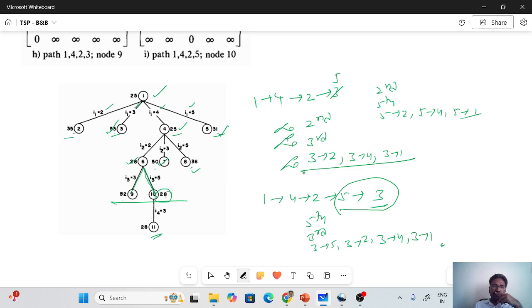So we are going to get finally. So what is this path? This one, 1 to 4, 4 to 2, 2 to 5, 5 to 3, and 3 to 1. So this is the minimum cost traveling salesperson to visit.